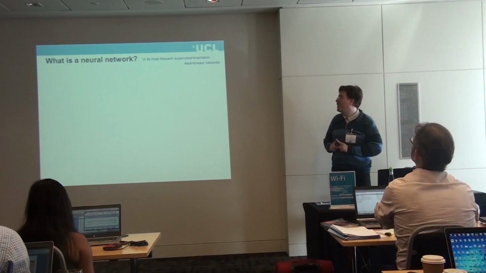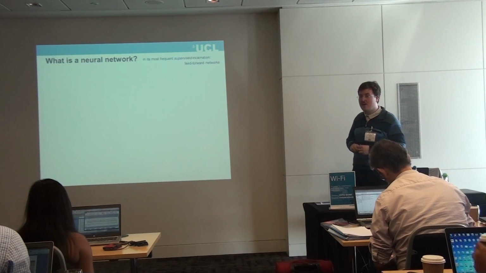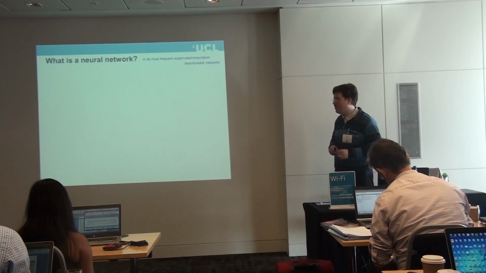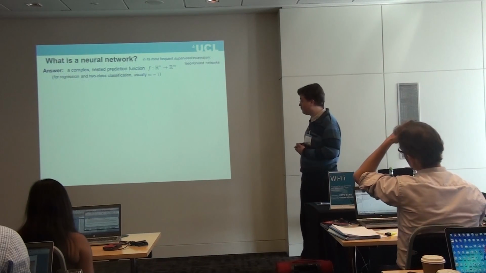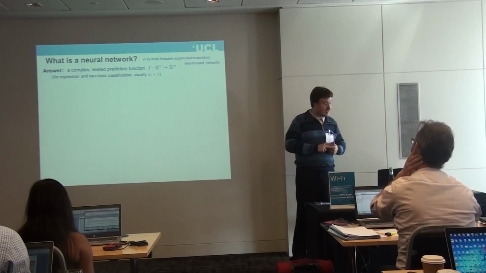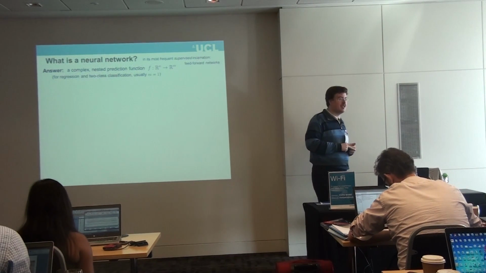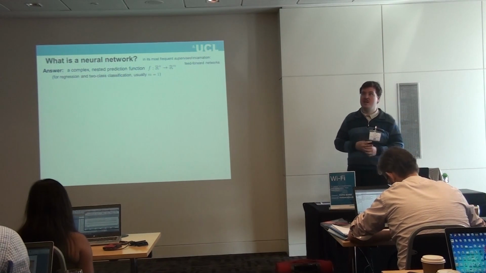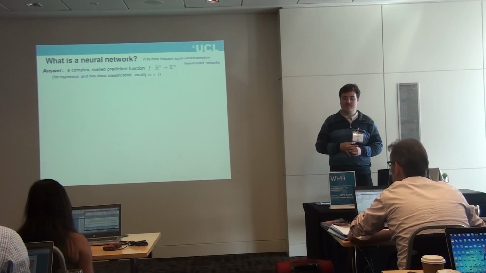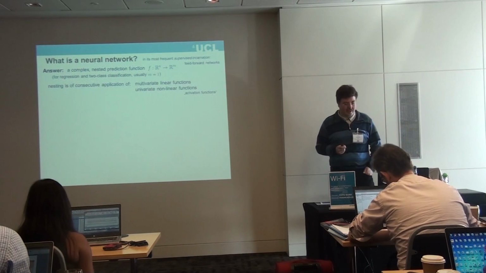So I'm going to explain the so-called feed-forward networks. There are always variants on the theme, as there are with any of the method classes I have been outlining, but in the simplest incarnation of the feed-forward network, it is actually just a complex nested prediction function. It has some inputs and some outputs, and as with any such prediction function, it is optimized and fitted to the data in certain ways.